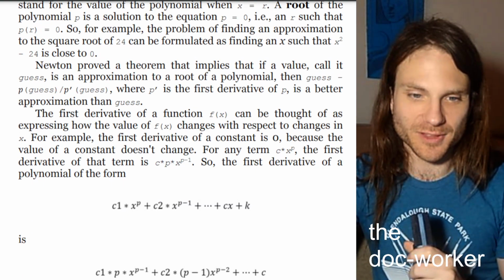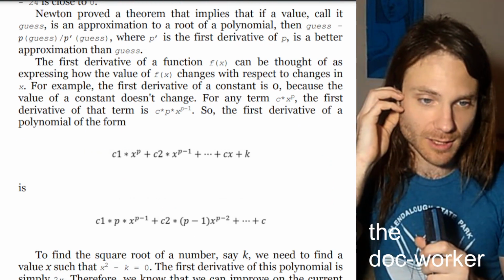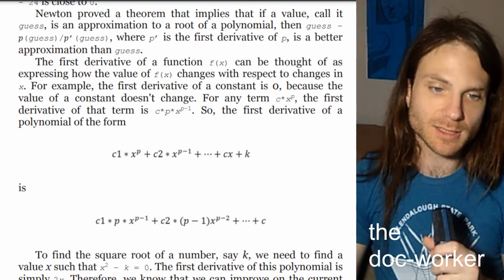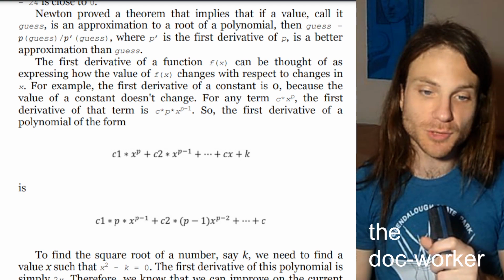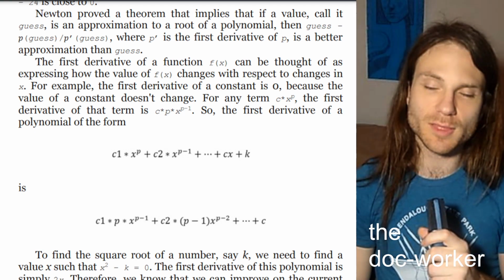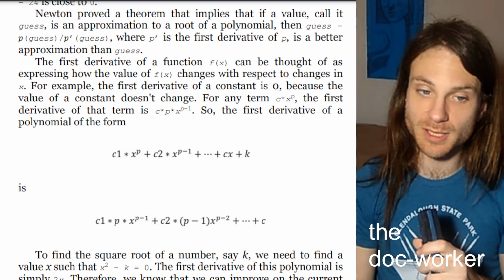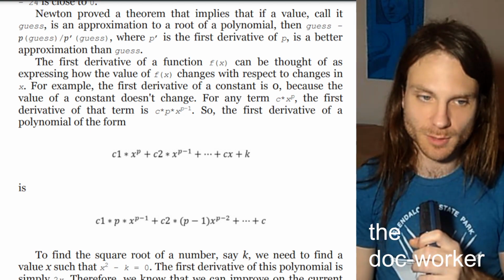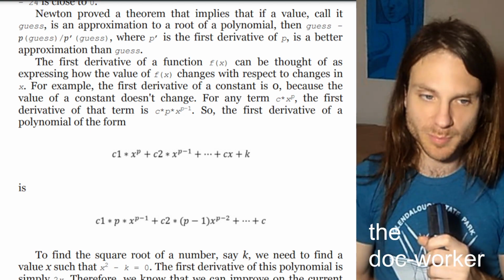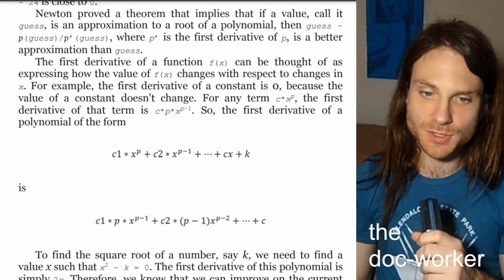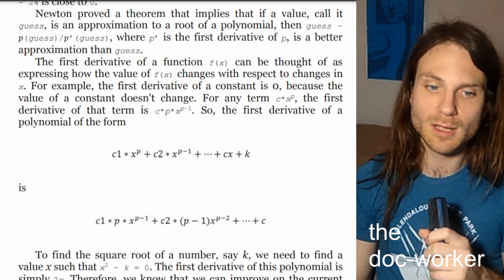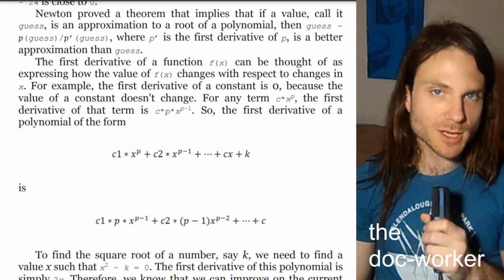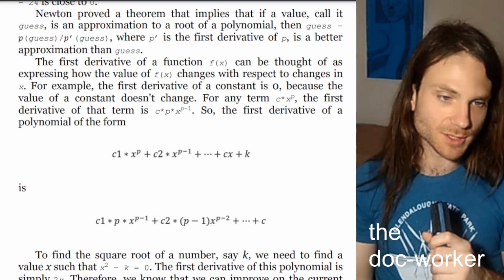Newton proved a theorem that implies that if a value, call it guess, is an approximation to a root of a polynomial, then guess minus p(guess) over p'(guess), where p' is the first derivative of p, is a better approximation than guess on its own.